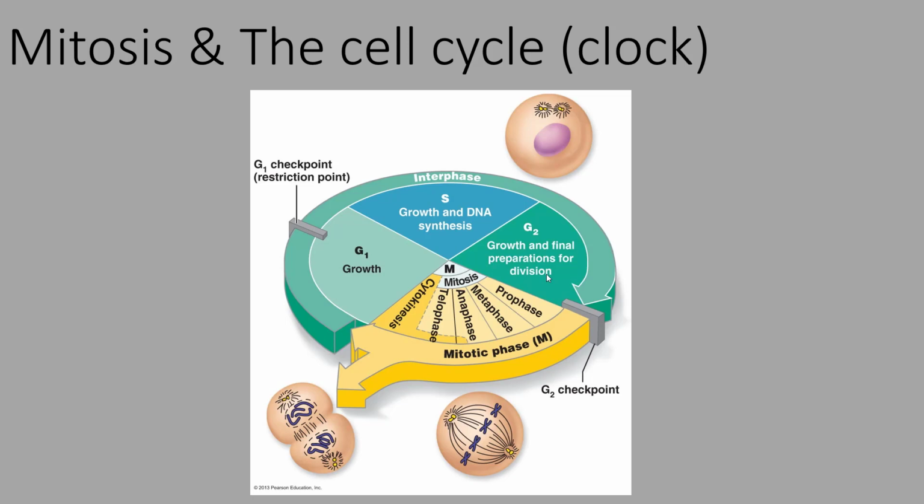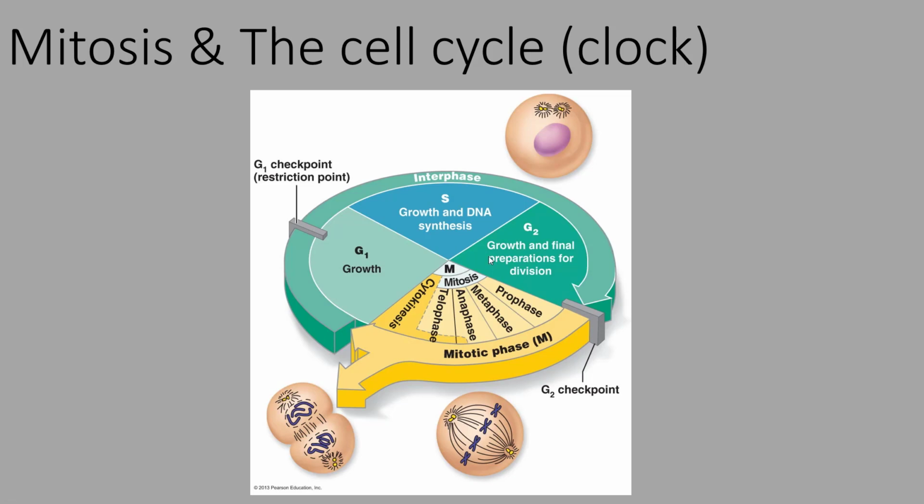And we can show the life cycle of a cell with this diagram called the cell cycle clock. And really this is just a way of saying the entire life of a cell from start to end, or from start of one cell to the point where it divides and now we have 2 new cells, is represented by this kind of clock-shaped diagram.